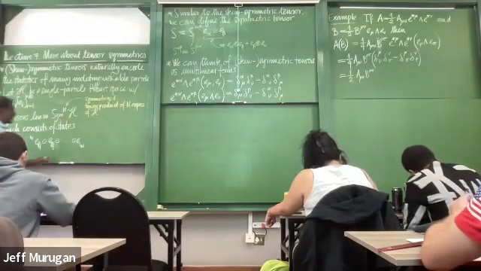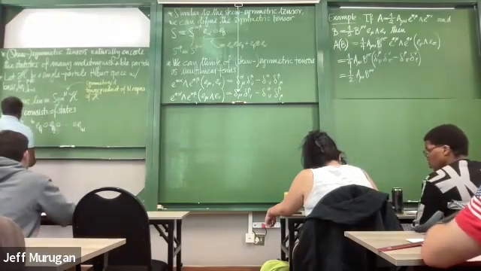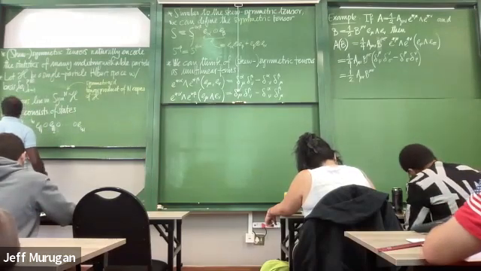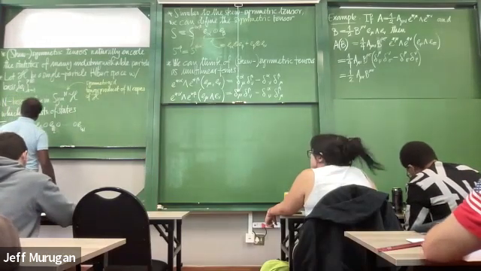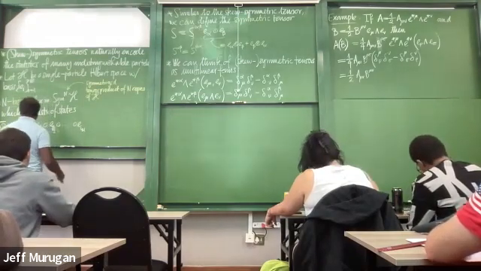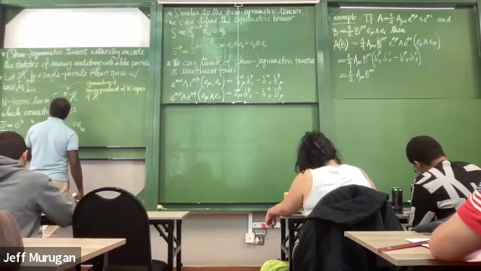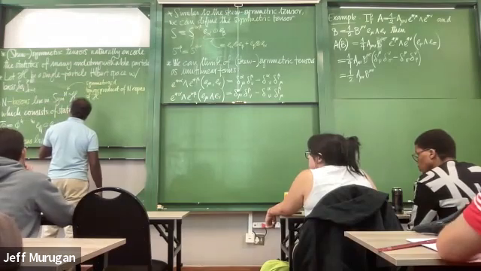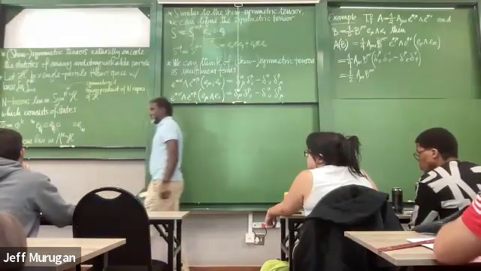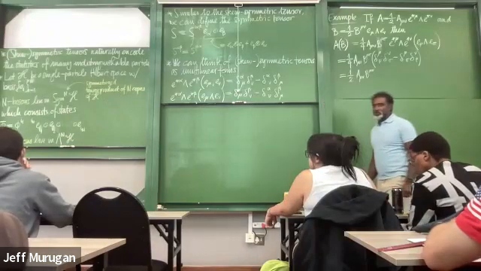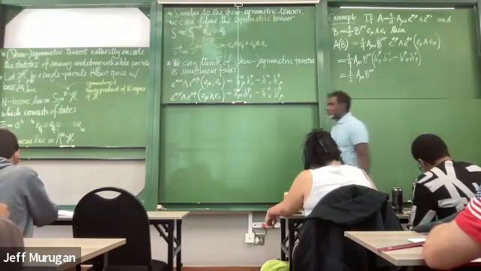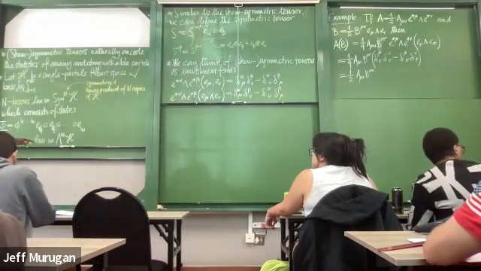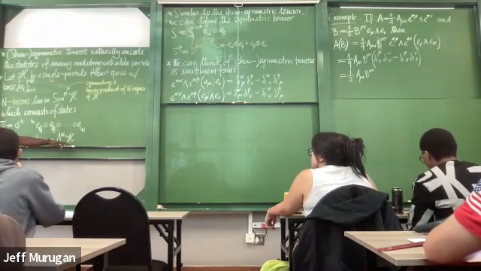Similarly, if I have n fermions, these guys live in the anti-symmetrized tensor product. Can you guys see this? The anti-symmetrized tensor product of H. Okay.